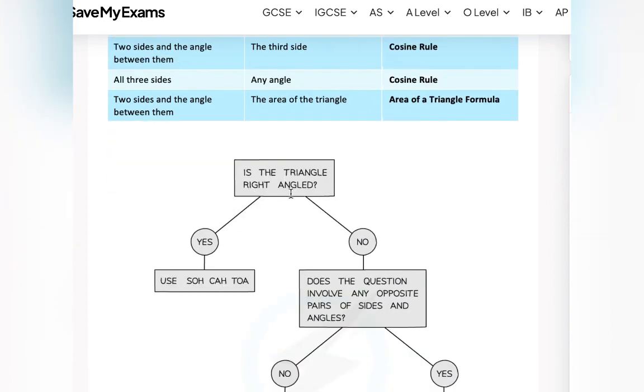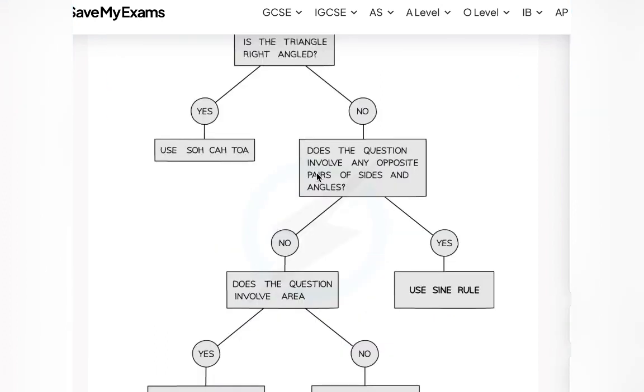Is the triangle a right angle triangle? If the triangle given to you is a right angle triangle, with an angle of 90 degrees, then you're going to use SOHCAHTOA. If the triangle is not a right angle triangle, then you ask yourself this question: does the question involve any opposite pairs of sides and angles?